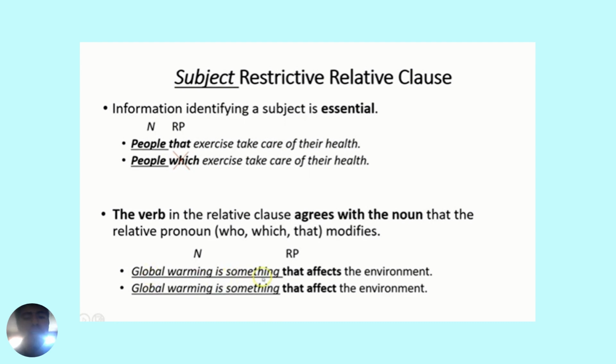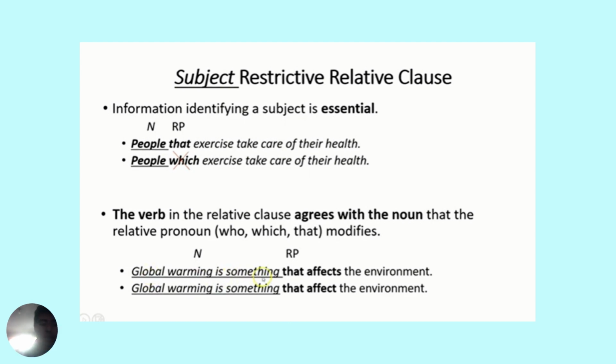People that exercise take care of their health. People which exercise take care of their health. The verb in the relative clause agrees with the noun that the relative pronoun who, which, that modifies. Global warming is something that affects the environment.